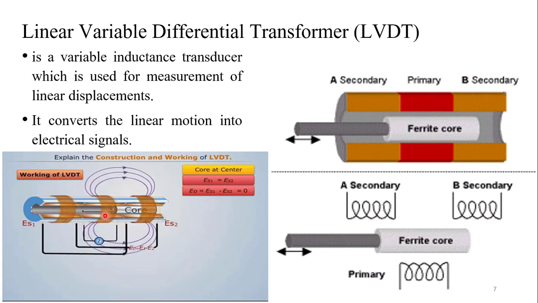The center one is the primary, and these are your secondary coils. When the core moves toward the secondary, the EMF generated changes. When it changes, we get a signal, and this signal is associated with your displacement. So it measures the displacement, or it can sense any kind of metal you are carrying. That is simply the basic working of the LVDT.